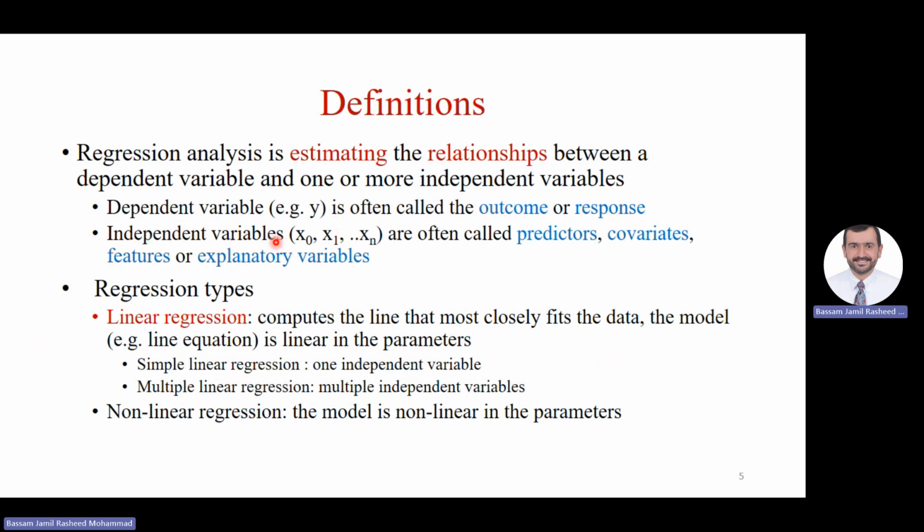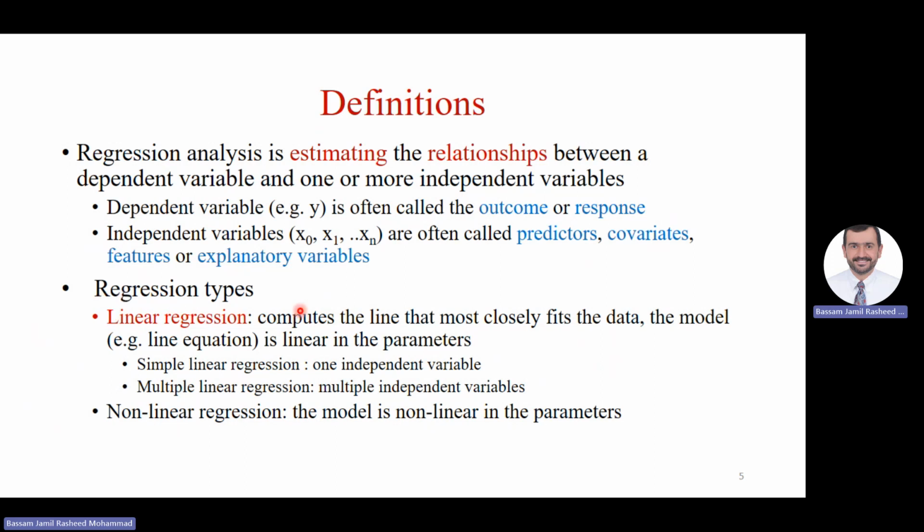Independent variables are often called predictors, covariates, features, explanatory variables. These are the kinds of names or terminology you might see people using in regression analysis.